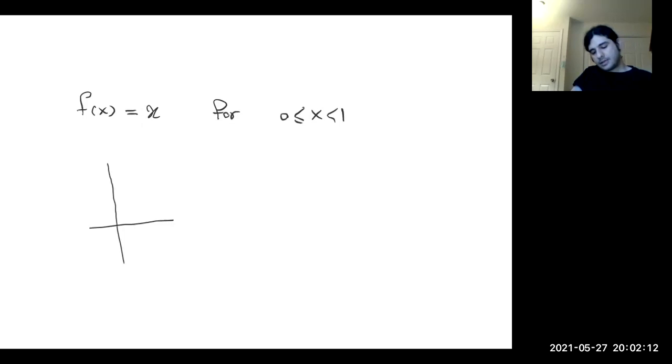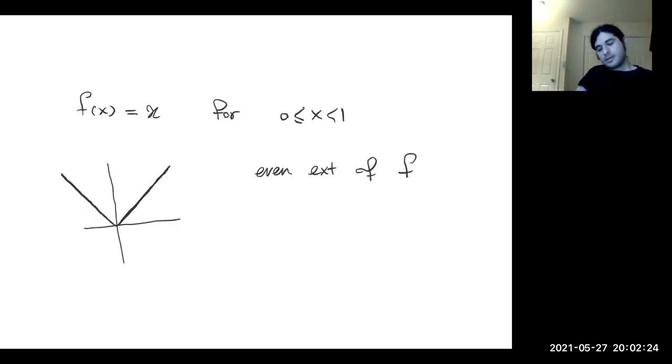Looking at very simple examples, suppose f of x is equal to x for x between 0 and 1. So f of x is like this. The even extension of f would be like this. Look at this function, right? And then repeat that. Look at the periodic extension of that. That would be the even one.